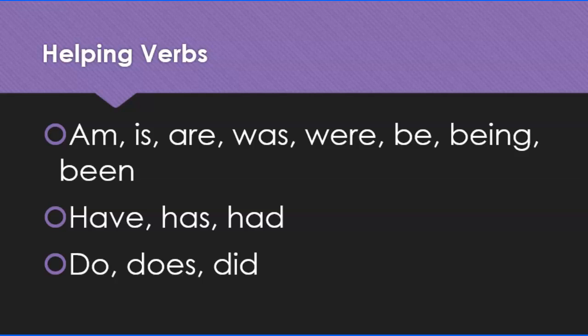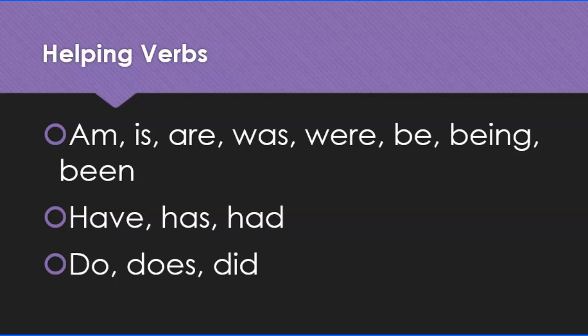And our main verbs sometimes have one of these words hooked on as a helping verb. So here are several categories of helping verbs. First, am, is, are, was, were, be, being, and been are known as the being verbs. And these can be attached to a verb. I am walking to the store.